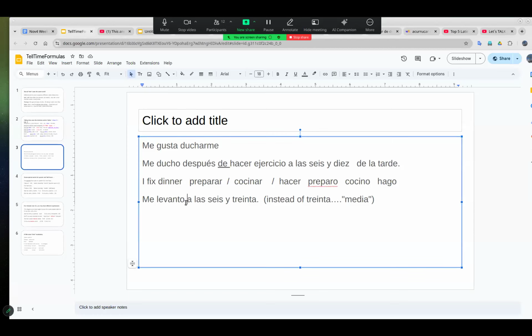Think about that. Starting out with levantarme is an okay step, but now we need to always conjugate that to tell who is doing it, right? The reason we need to do that is someone may also add to this. Let's say you have a partner and you get up at one time, but your partner does not get up.